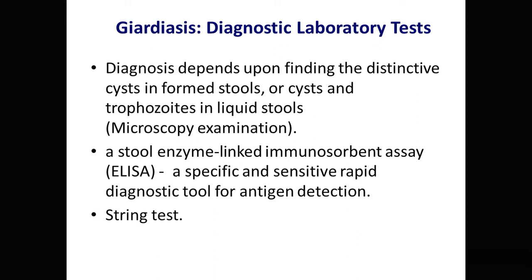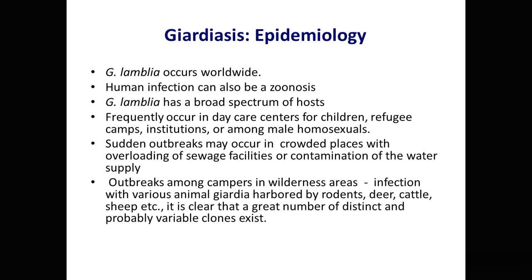This is like a jelly capsule attached to a string, and it is swallowed, and it moves from the stomach to the duodenum, and after some time it is taken back, and the sticky jelly is examined under the microscope, and parasites are visualized.